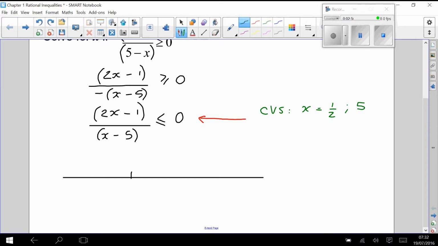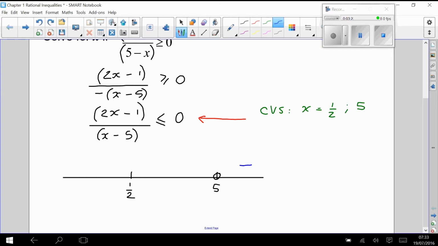So if I represent them on my number line, immediately when I write down 5, I'm going to make that an open circle because I know that I'm not allowed to use that value. And now, because I have my linear factors and I have x's at the beginning of each of those factors, and there is no constant coefficient of -1 in that fraction, I'm allowed to use the method where I say always start on the right-hand side interval first.